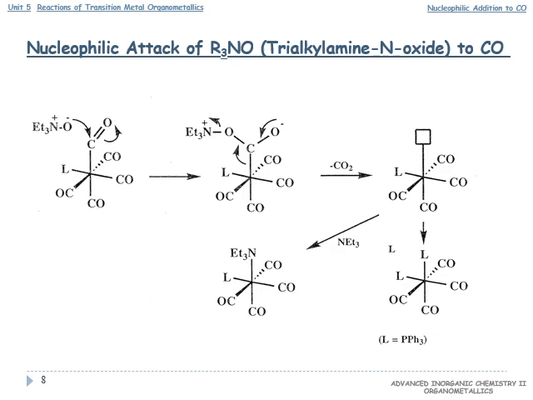Unfortunately, the amine formed can sometimes coordinate to the metal. Note also that successive carbonyls become harder and harder to remove as the back bonding to the remaining carbonyl groups increases, and so we are usually unable to remove more than one carbonyl group using this trialkylamine N-oxide.